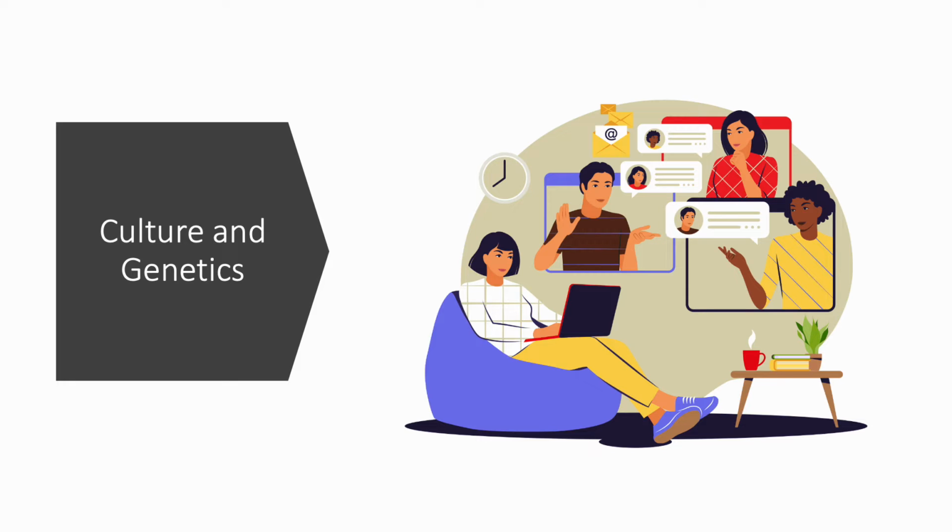In talking about culture and genetics and how they affect the cardiovascular system, we know that CVD, or cardiovascular disease, is the most common underlying cause of death in all of the world. About 32% of all global deaths are due to CVD.